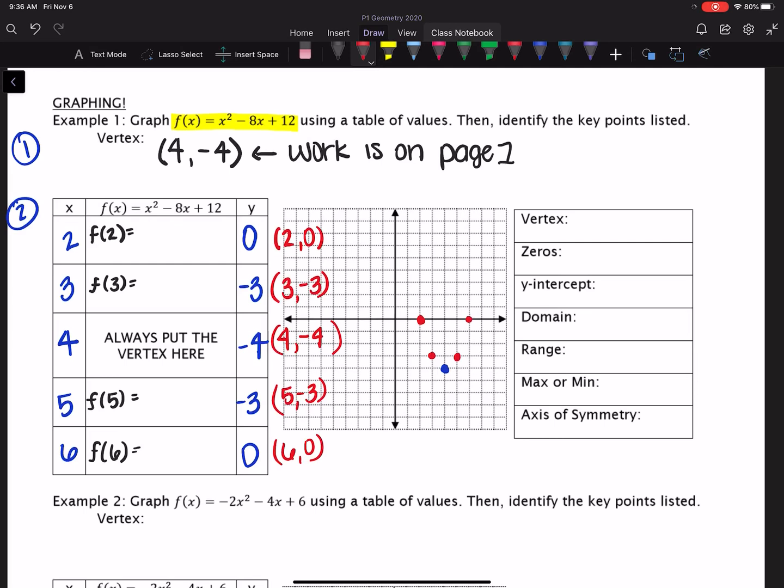Now that we've got these 5 points plotted on my coordinate grid, we can see the shape of the parabola, which tells me that I can draw in that curve, connecting all of those points together.